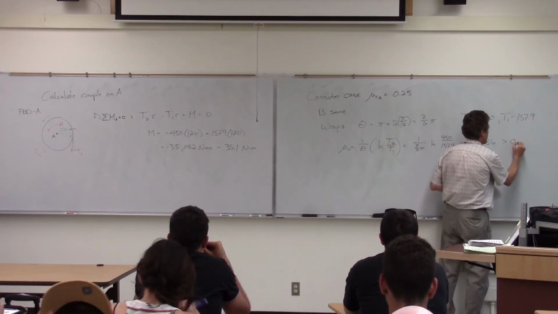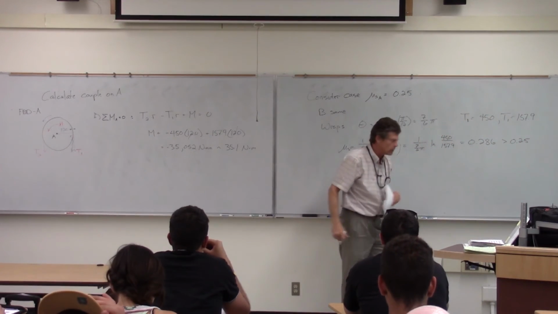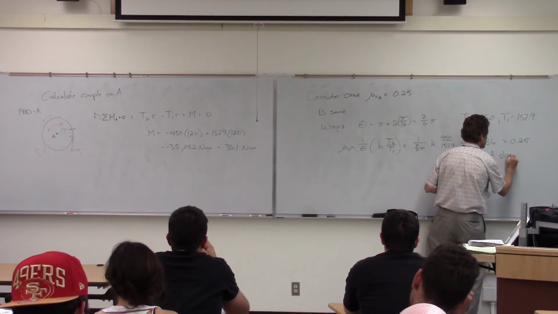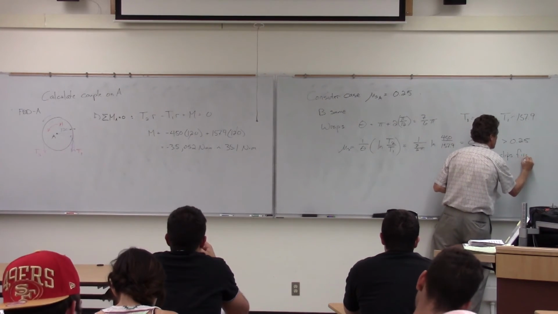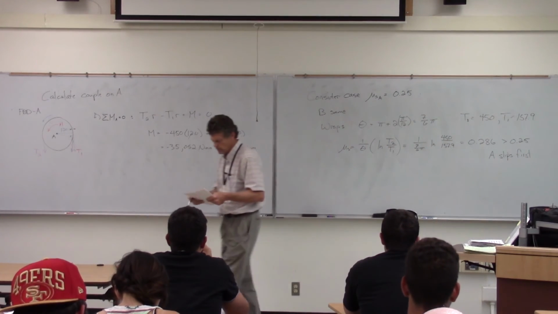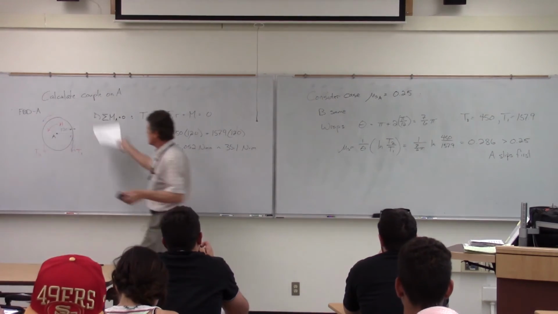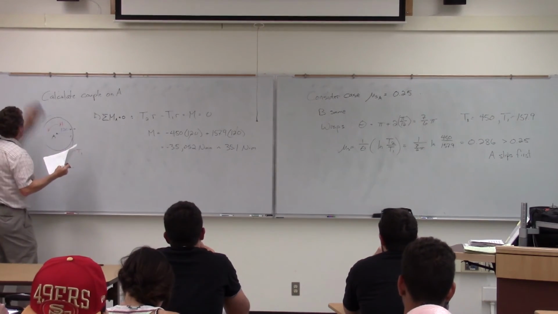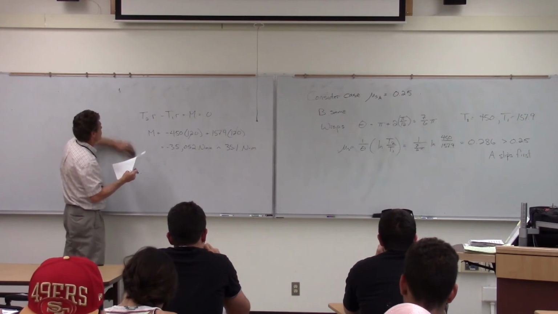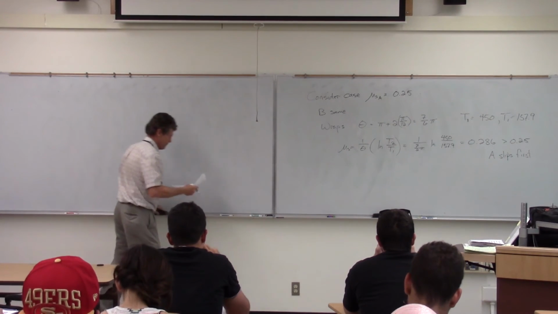Unfortunately, that's greater than what I have on there, which then implies that A will slip first in this case. So let's figure out what this couple is by figuring out what that T1 is basically when I start slipping on A.